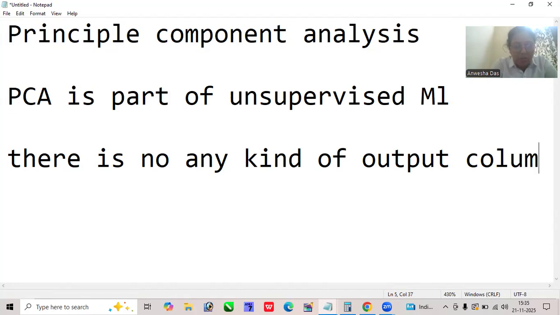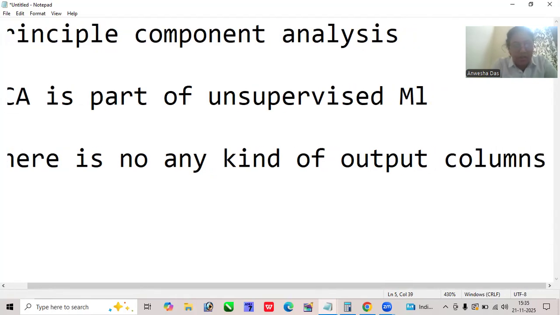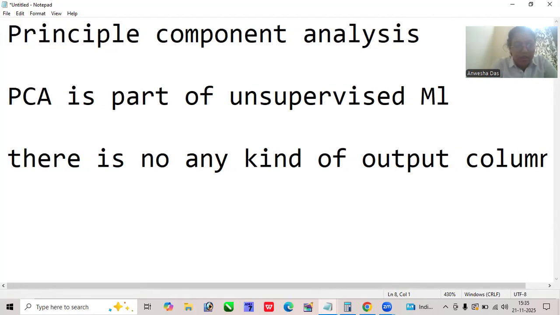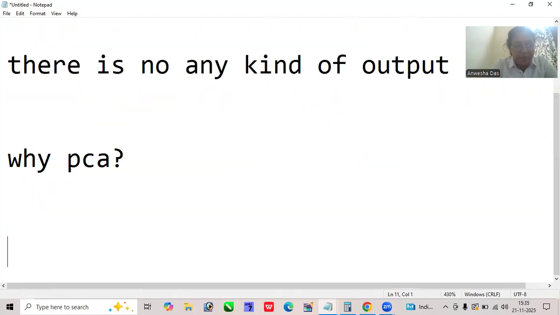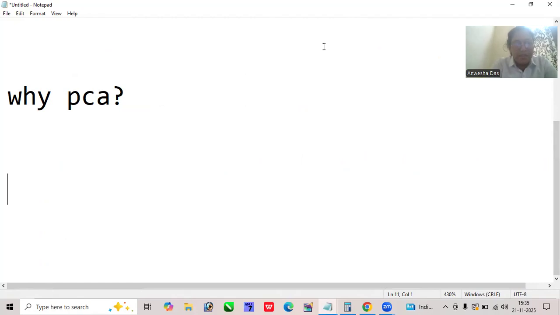Okay. So why PCA? Using PCA, what will we convert?